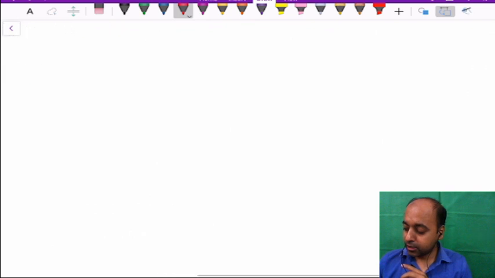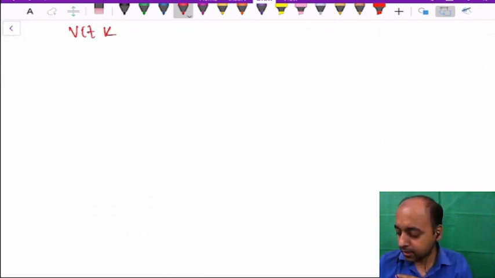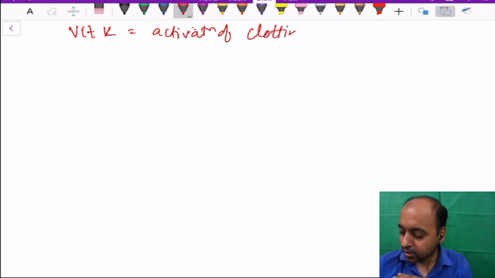Before I go there, remember vitamin K is required for activation of clotting factors.